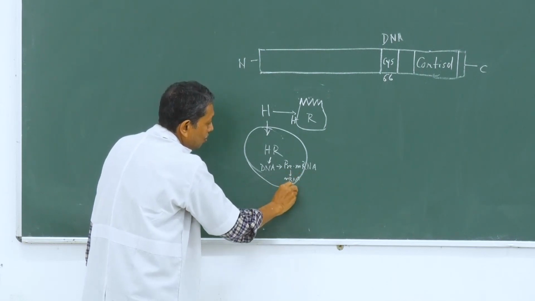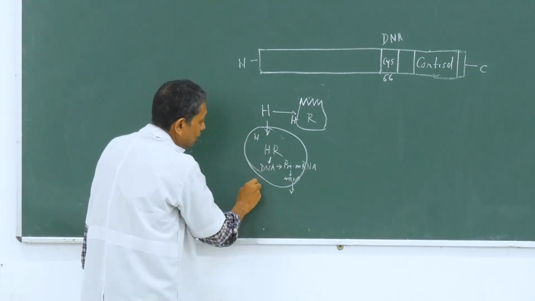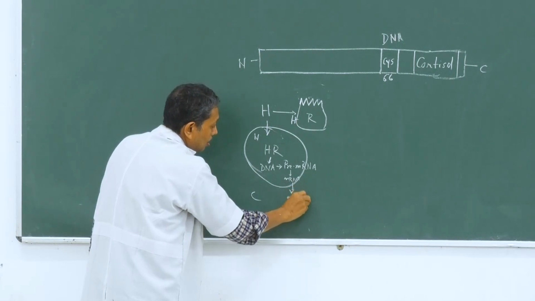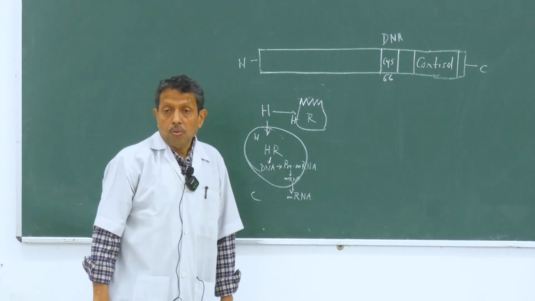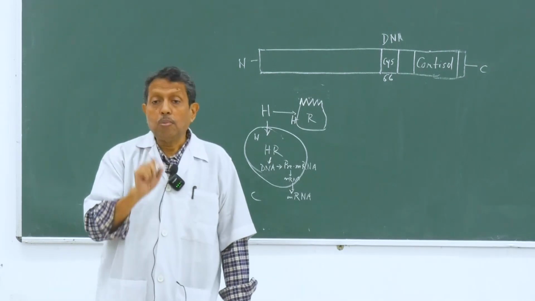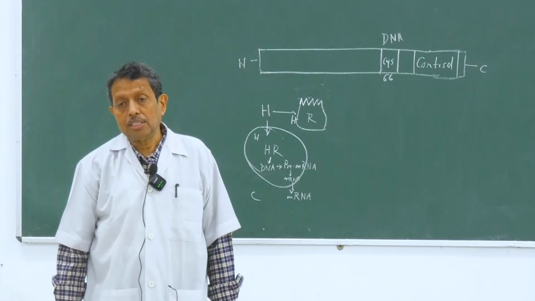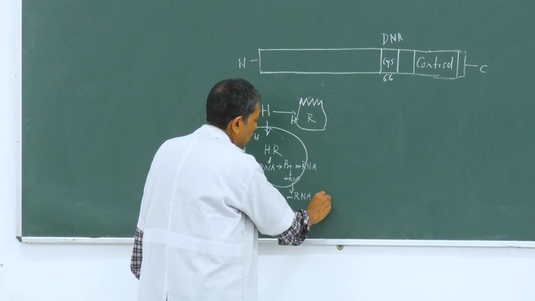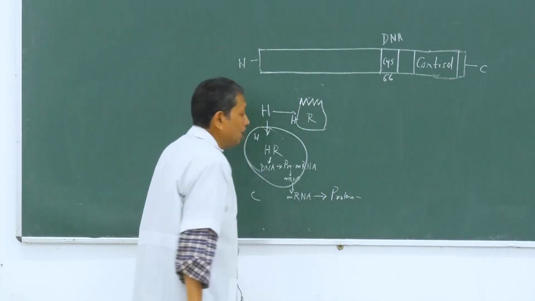It comes from the nucleus into the cytosol, and this mRNA causes the formation of protein over the ribosomes, either free or on the endoplasmic reticulum, the protein synthesizing machinery. There is a protein, and that leads to the physiologic effect.